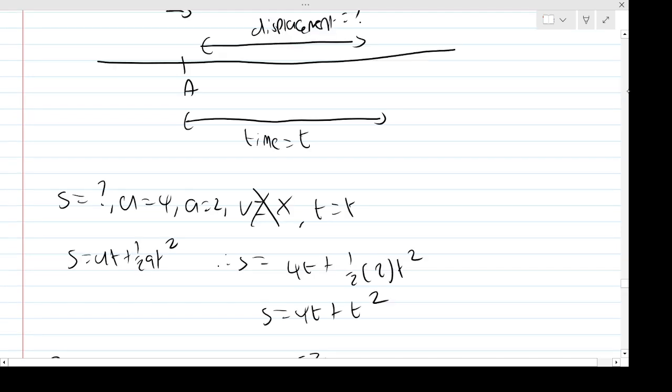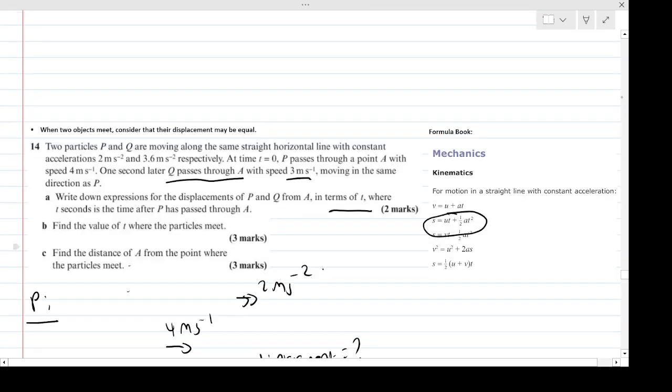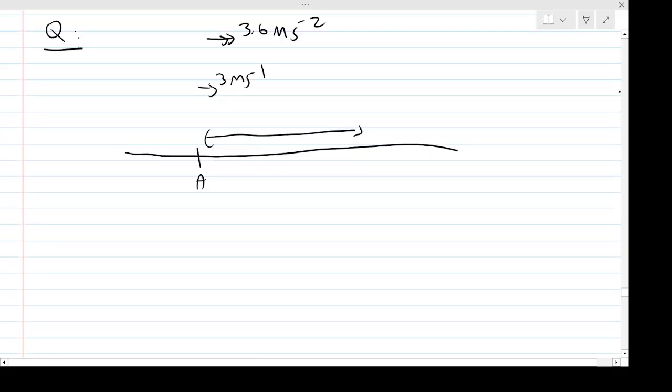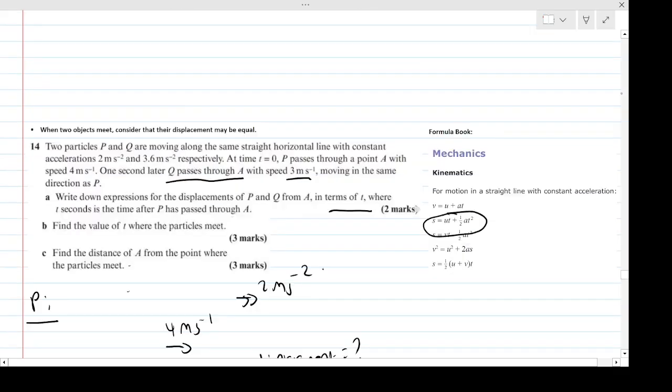Right, and it's the same sort of story. They want me to work out a displacement in terms of time t. Okay, so the displacement, so how far away are we from A? I'm not given an endpoint, but they just want me to find a generic displacement formula in terms of time. Now, what we're told about Q is it's 1 second later.